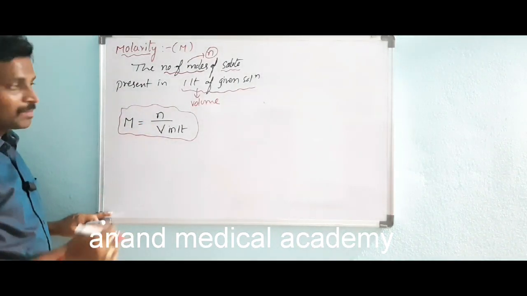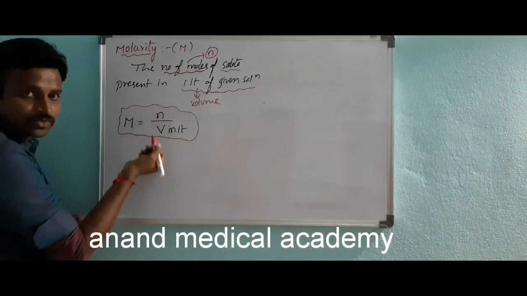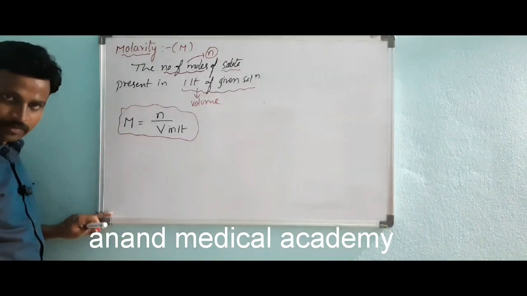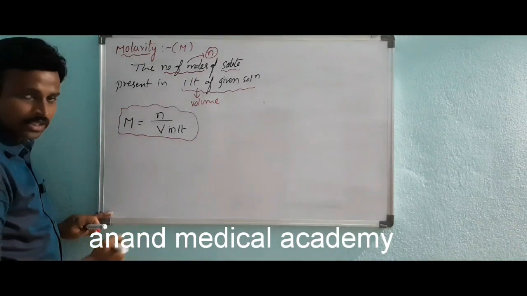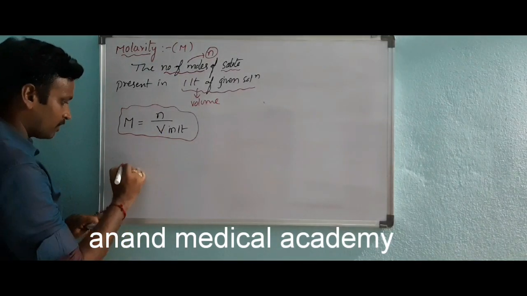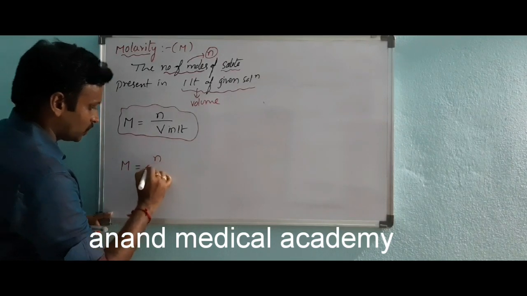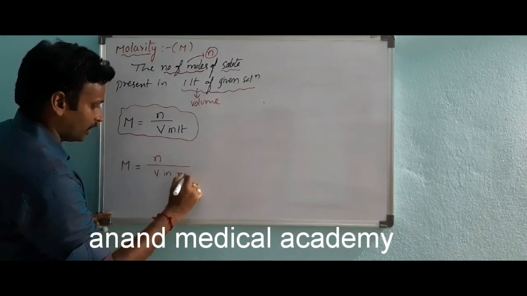Mathematical representation: molarity is equals to number of moles of solute present in volume of a solution. So M is equals to n by V, volume in liters. If volume in milliliters is given, then what exactly is the molarity? Number of moles of solute by volume in milliliters. Whose volume?